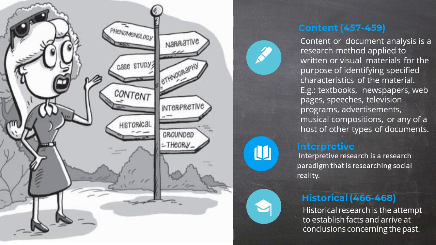For example, you might analyze popular educational research textbooks to see the coverage given to qualitative research and changes in the coverage over time. So those are the 5 purposes of content analysis. For more explanation, you can look at pages 457 to 459.